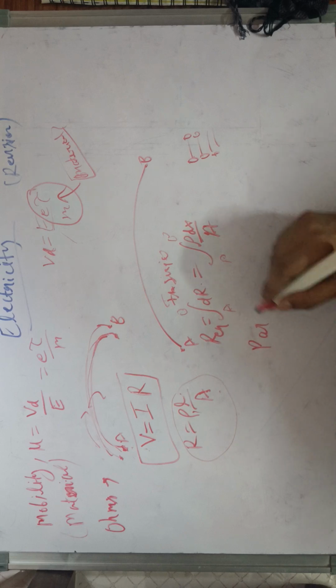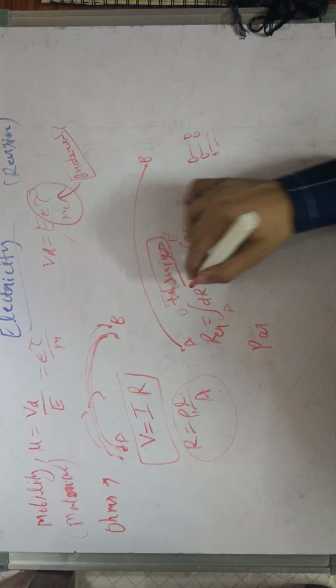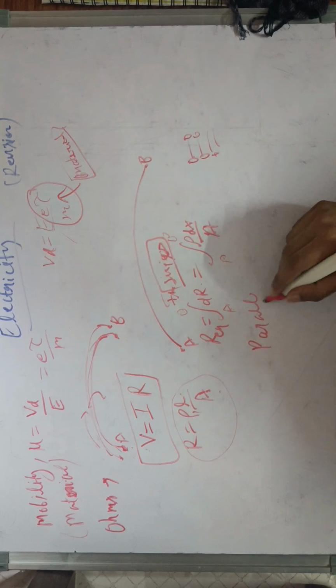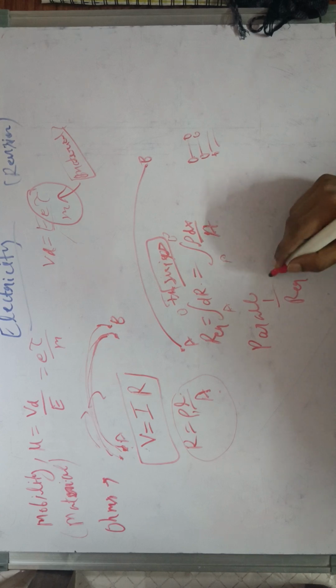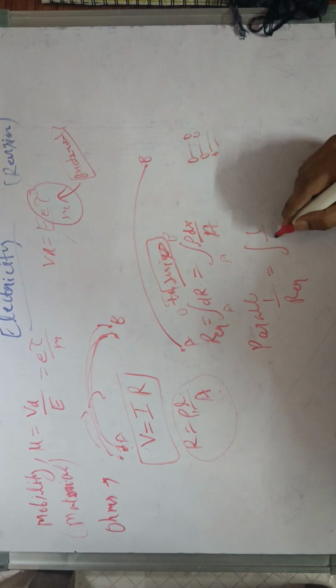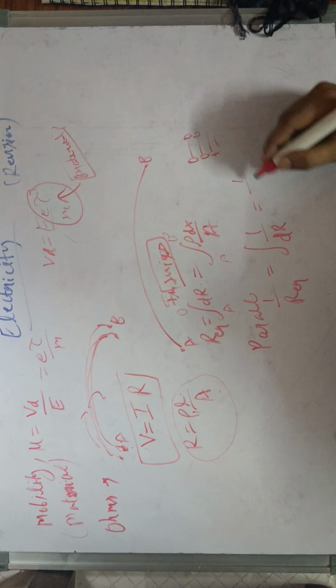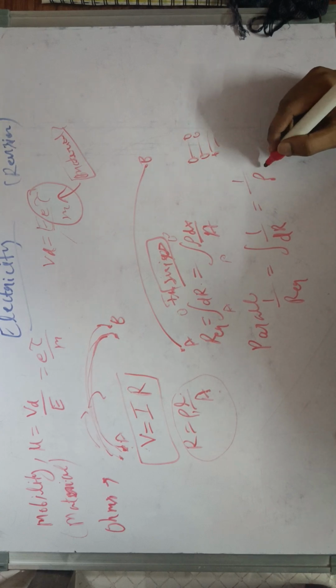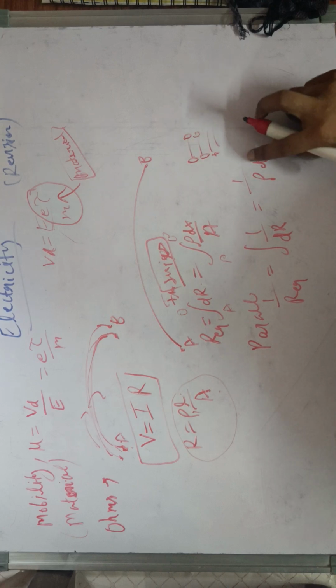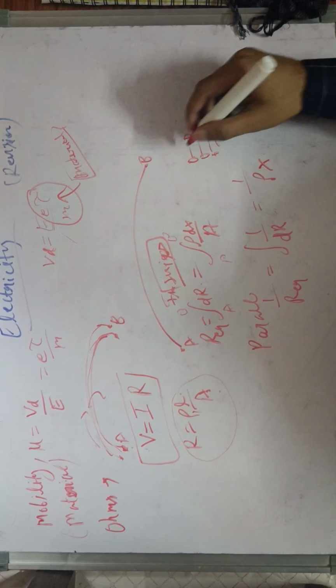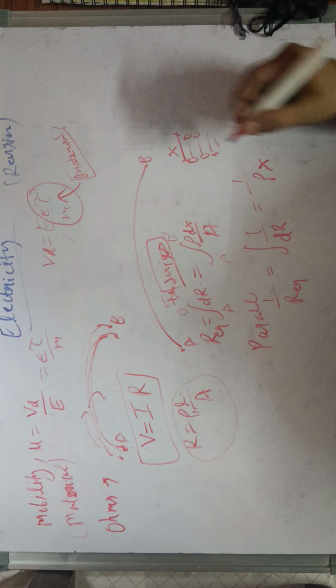in case of parallel, this was for series. In case of parallel, we will take 1 upon R equivalent is equal to integration of 1 upon dR, which is equal to integration of dA upon rho dx, where rho times length would be the same for all.